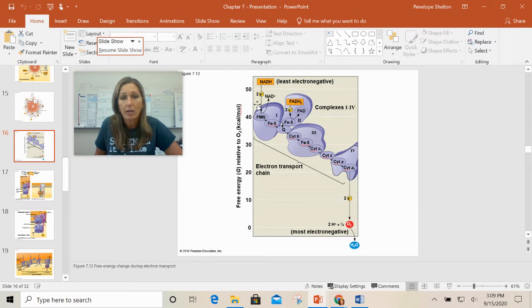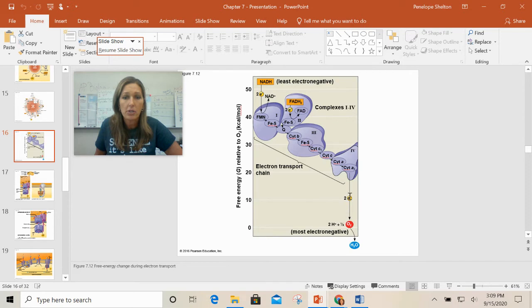But these electrons are always going to move from higher energy state to lower energy state. What makes them continue to flow is that oxygen has to be present at the end of this electron transport chain. Oxygen is the most electronegative. Oxygen is the final electron acceptor at the end of the electron transport chain.